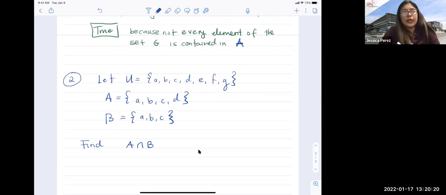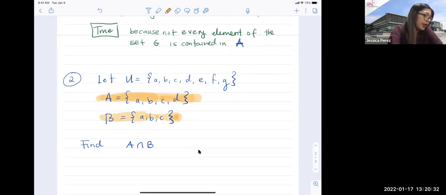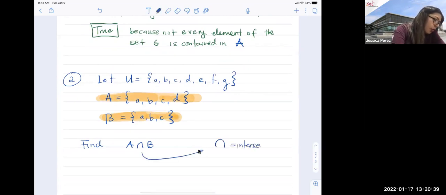So what we're looking for is we have a universe. Okay, so the universe contains all of the sets. So we have a universe, but we're comparing the set A and the set B. This symbol means intersection, or what they have in common.